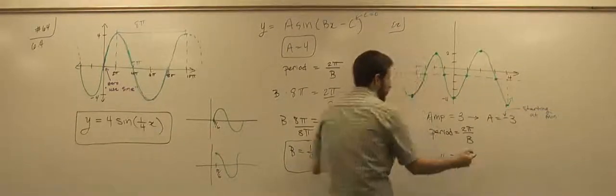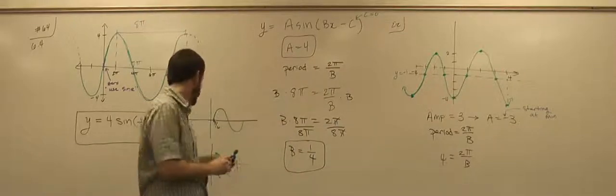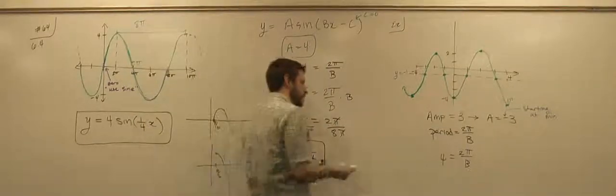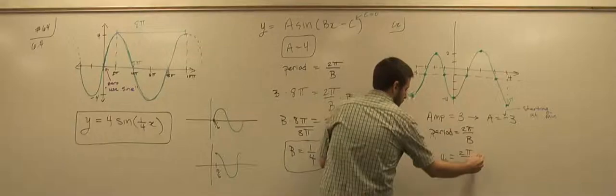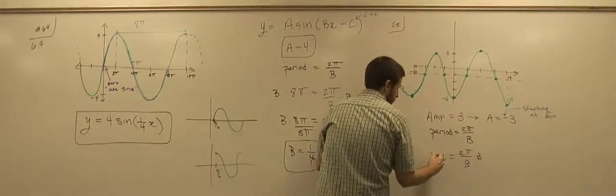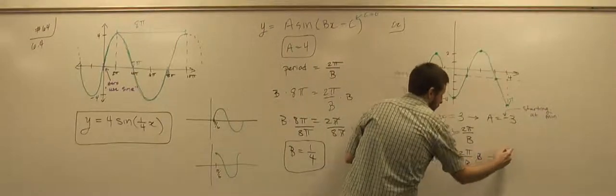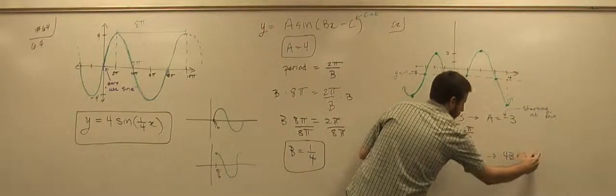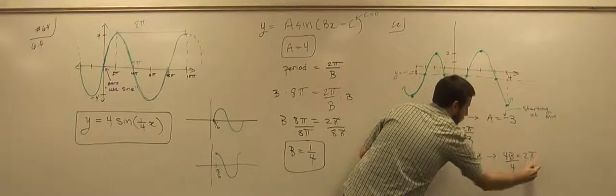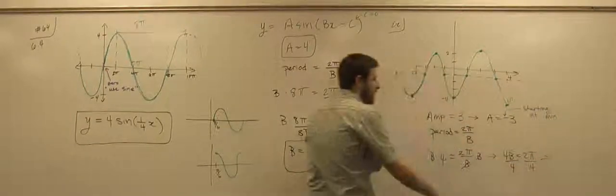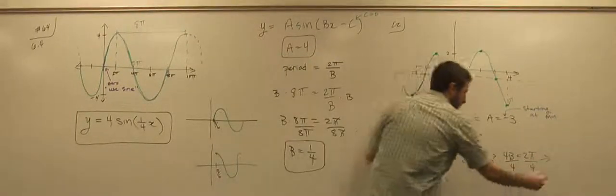Which means you have to solve the equation 2 pi over b equals 4. The b comes up, the 4 comes down. 4b equals 2 pi. Divide the 4 down. B equals pi over 2, it looks like.